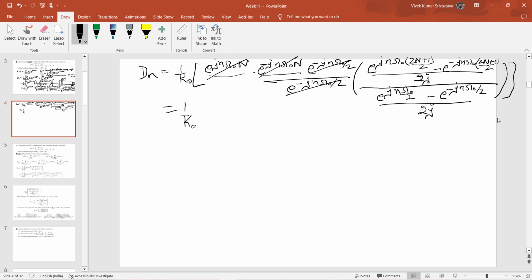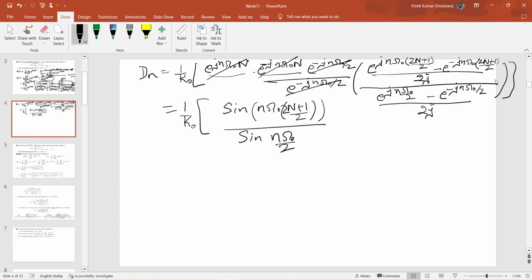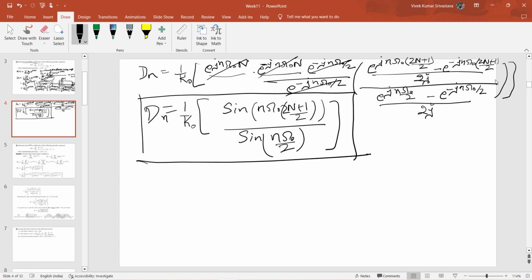So the remaining term will be sine of n rho naught n plus twice n plus 1 by 2 divided by sine of n rho naught by 2. So this is basically the discrete time Fourier series coefficient. Okay, so any doubt?